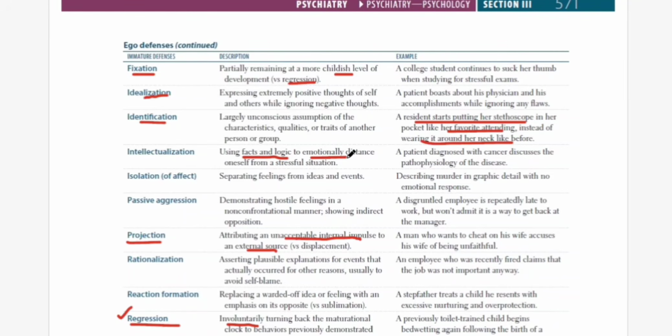For example, I usually saw this type of example in multiple Q banks testing intellectualization.